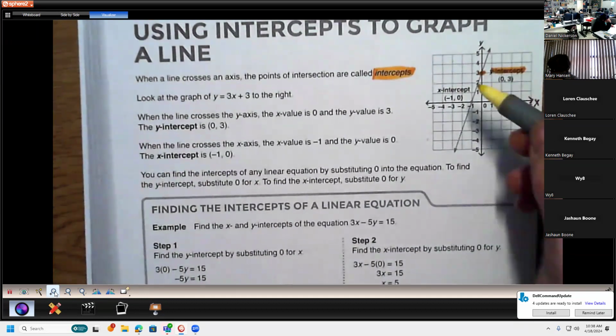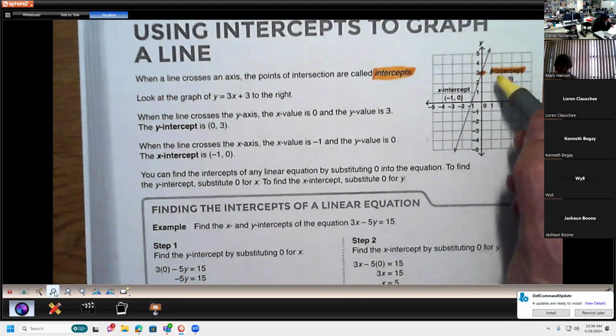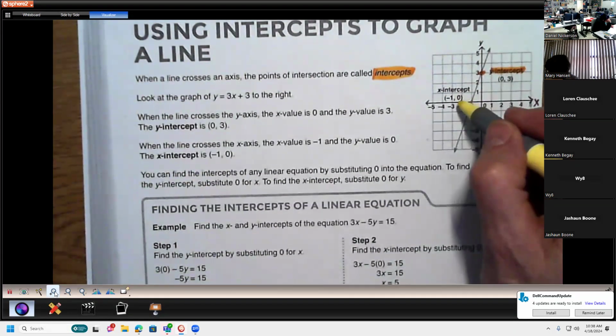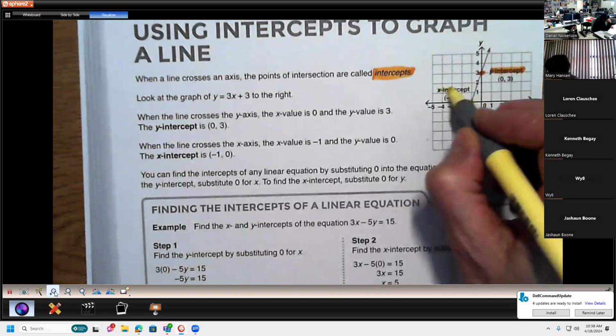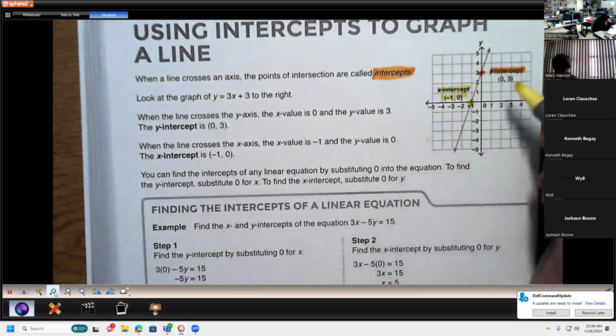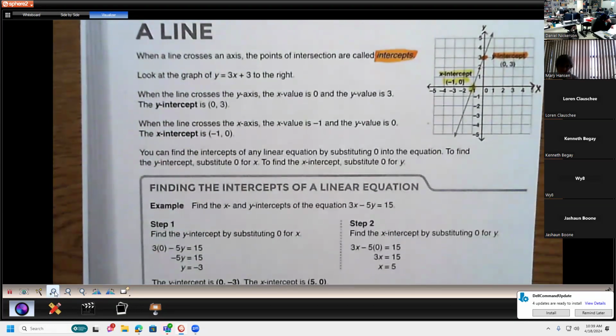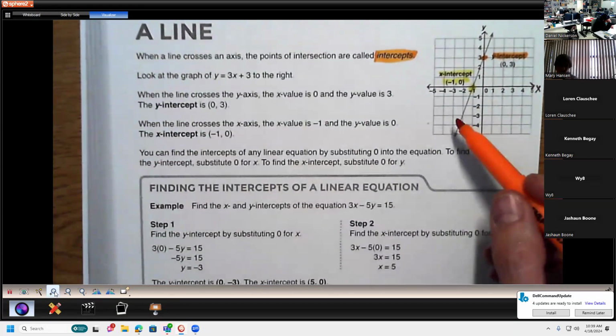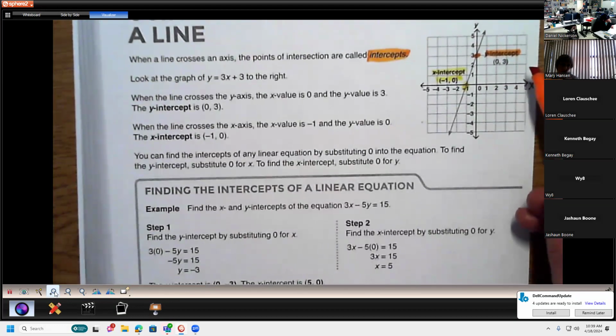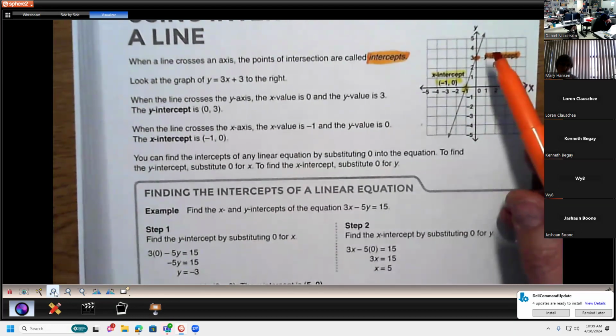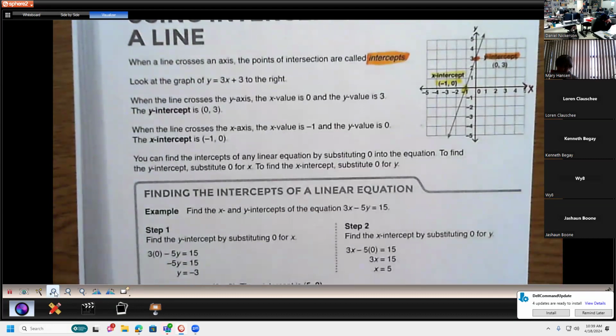So the point up here at 3 is the y-intercept. And the point right here is called the x-intercept. The reason it's called the x-intercept is because it's where it crosses the x-axis. And the y-intercept is where the line crosses the y-axis.